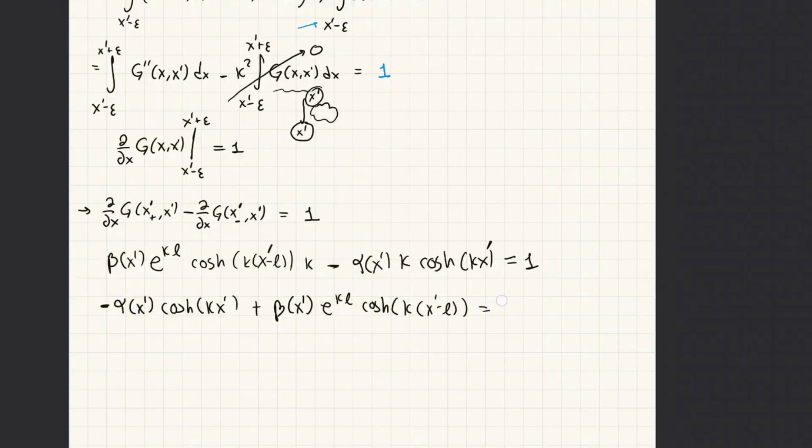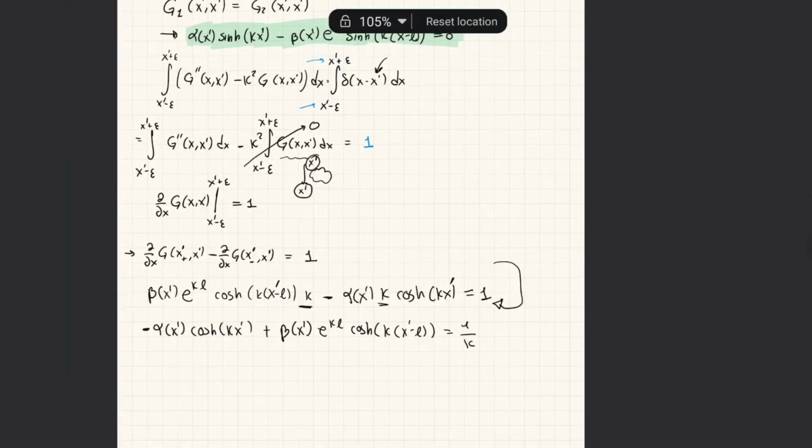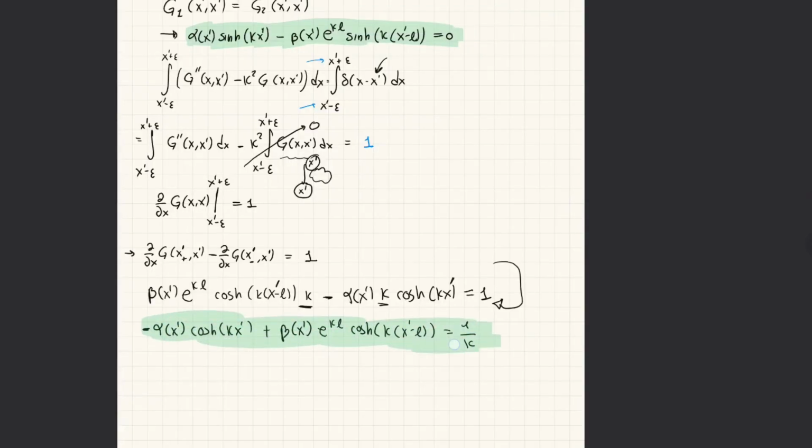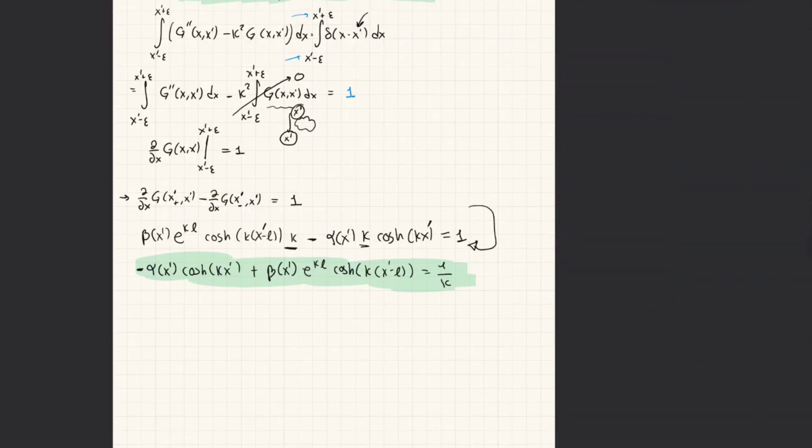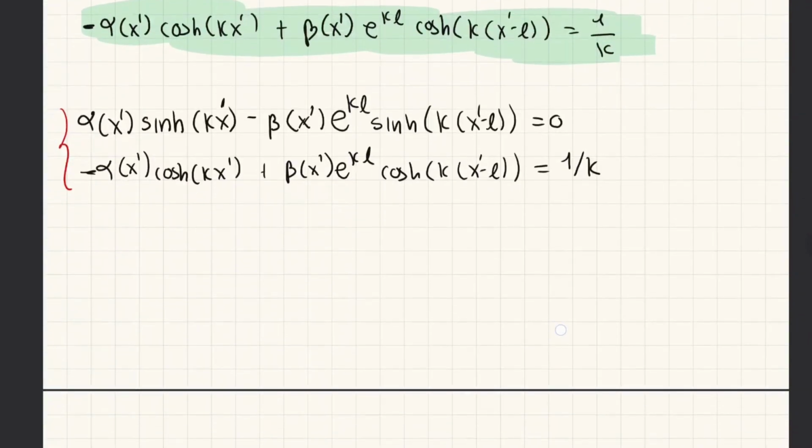And let's write this as 1 over k, just by taking these two k's to divide on the right-hand side of the equation. Okay, so this is the second equation that we are going to use to find alpha and beta. And by now, we are going to use the Cramer rule. Let me make some space to write the equations together. Okay, so this is the system of equations that we need to solve.